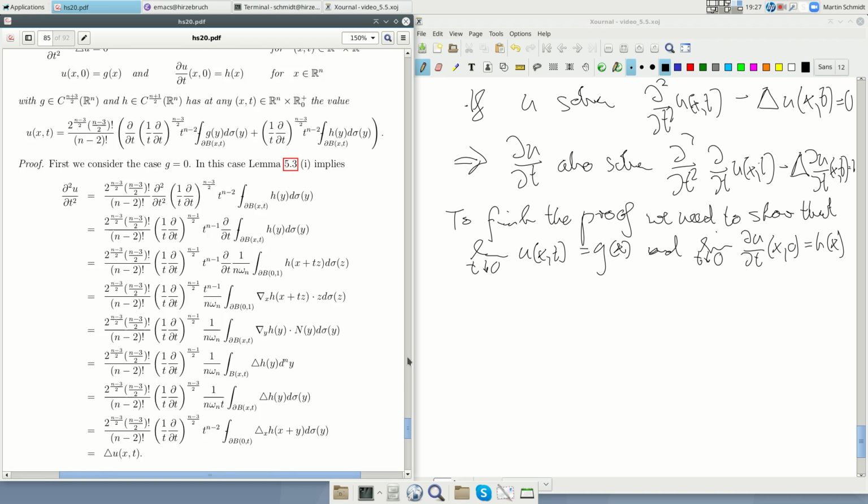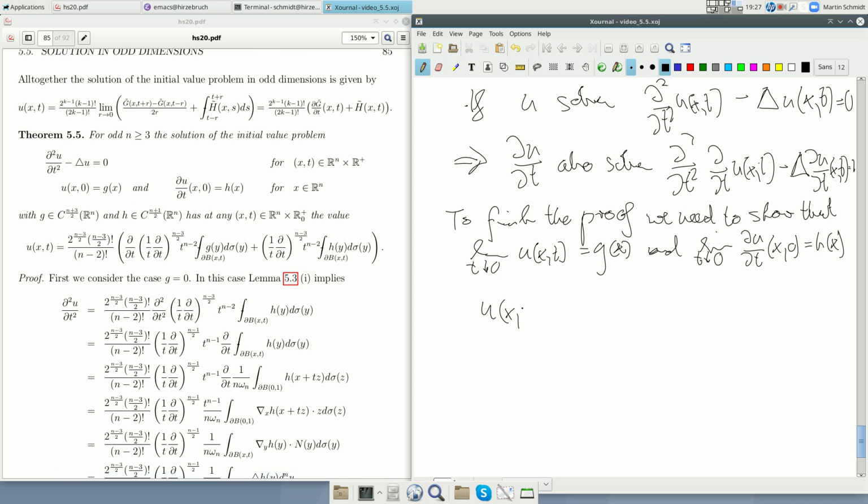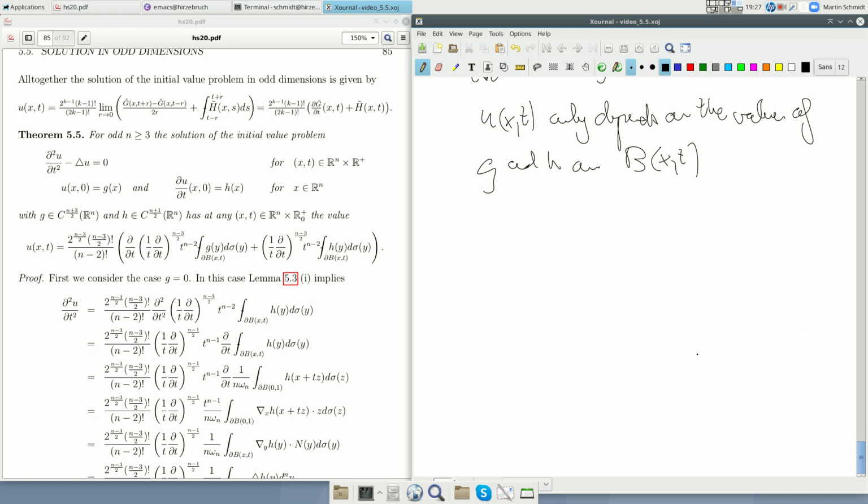The conclusion is, since u of x and t only depends on the values of g and h on the ball B of x, t, then again we have this.